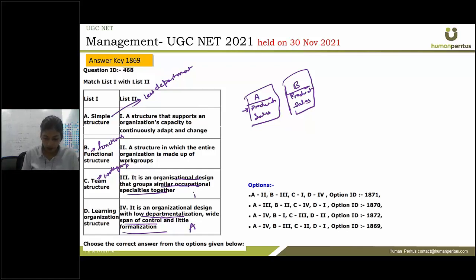Team structure is when a structure is made up of work groups. And a structure that supports an organization's capacity to continuously adapt and change is a learning organization. So our correct answer is: for A we have fourth, for B third, C second, and D first.